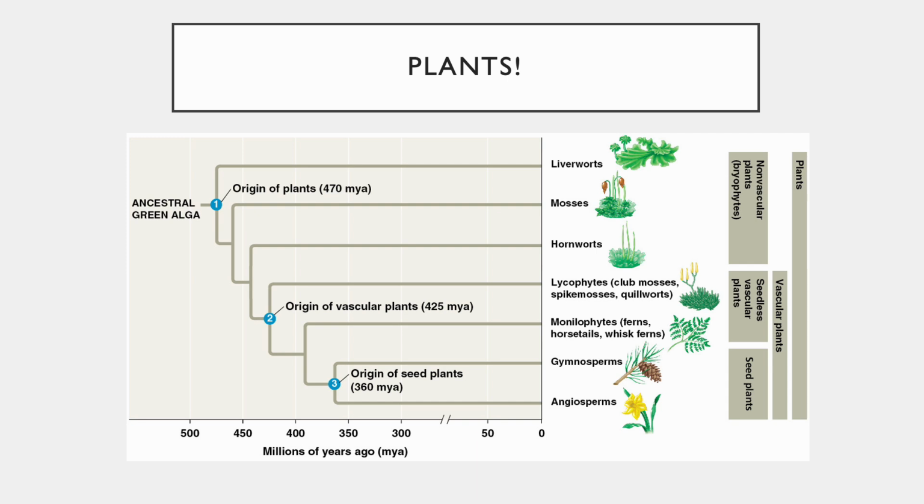This includes our lycophytes, club mosses, spike mosses, and quillworts, and then monilophytes, ferns, horsetails, and whisk ferns. Then the emergence of seeds somewhere around 360 million years ago. Gymnosperms have naked seeds like our coniferous pine trees that we see here in the northern hemisphere, and flowering plants like angiosperms.